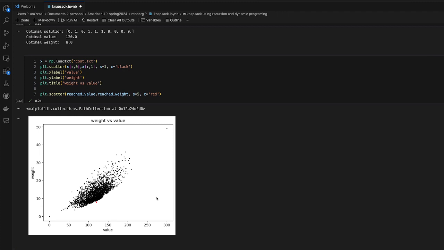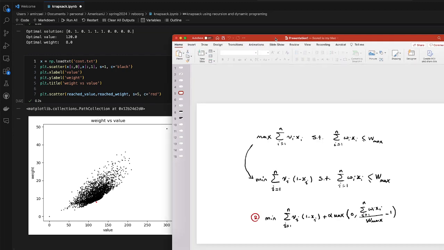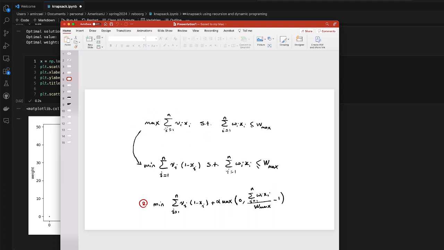Now, let's focus on this chart. What is this chart? It is the value versus weight. This is a very popular way to see how these evolutionary algorithms are working. Remember that we had two objectives. Well, to be quite accurate, we started with an objective function and a constraint, right?